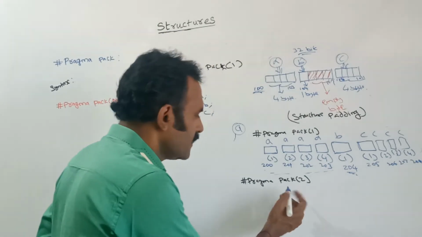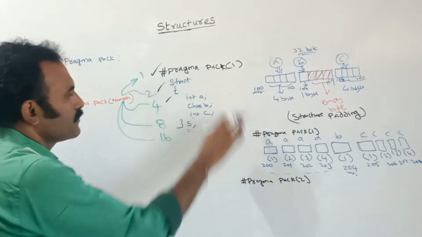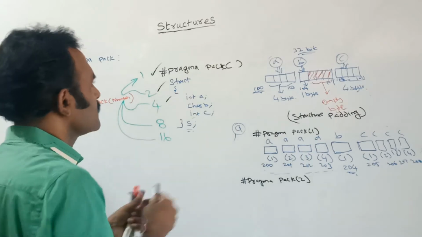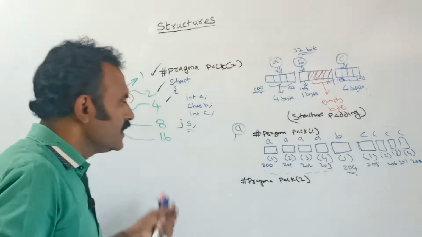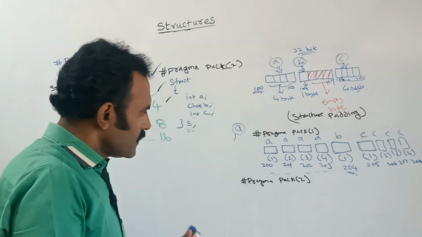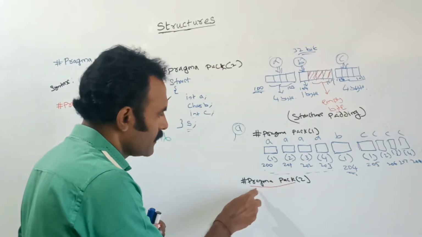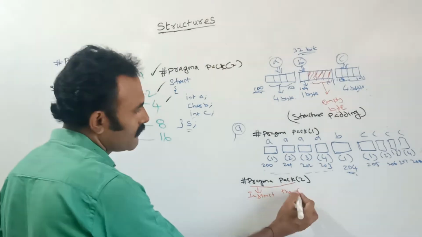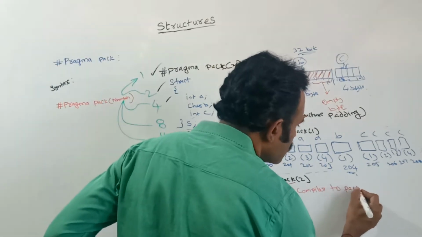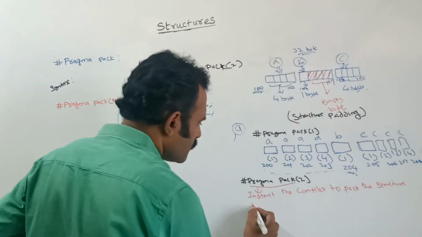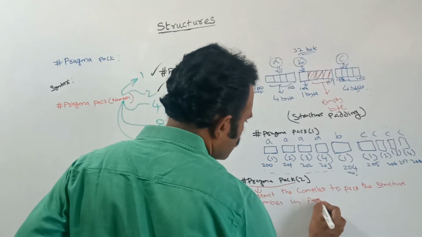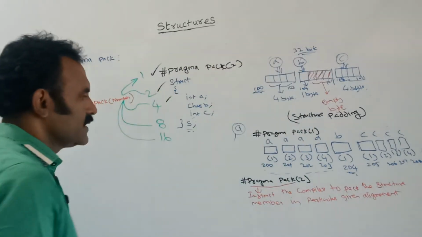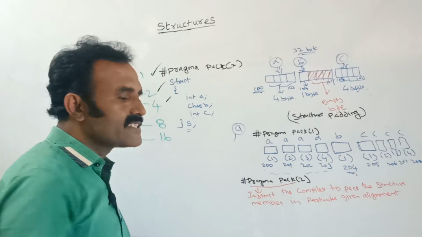So in the program, instead of this pack 1, if you are mentioning it as pack 2, for this structure I am telling, for this structure, this pragma pack will instruct the compiler.